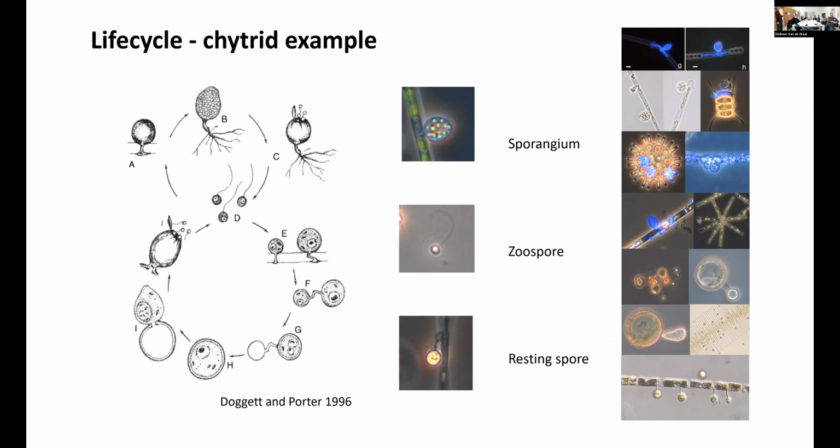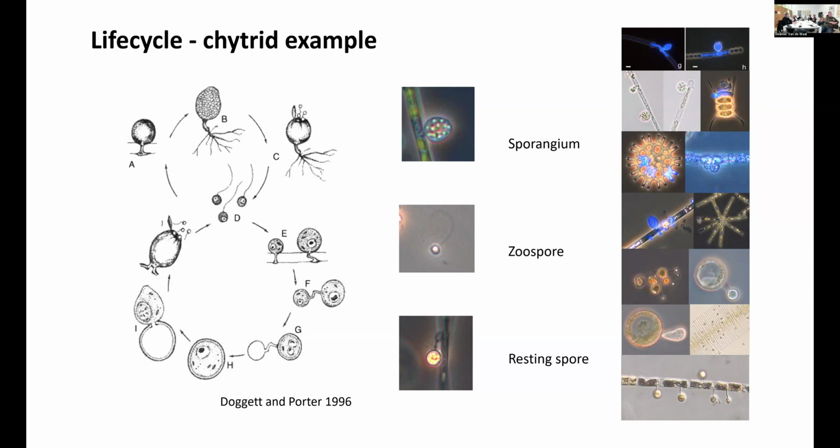This resting spore is also interesting because it can stay for an undefined amount of time, so at least several months, potentially even more, before it germinates again and then goes through zoospore formation, and then you get the zoospores out again.